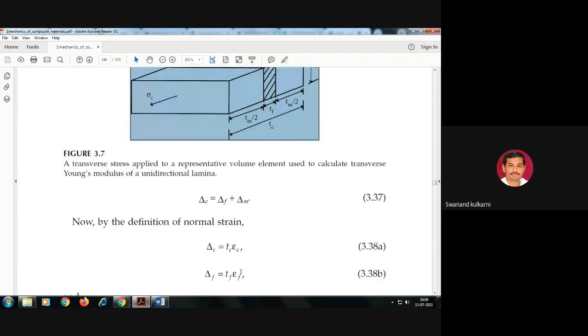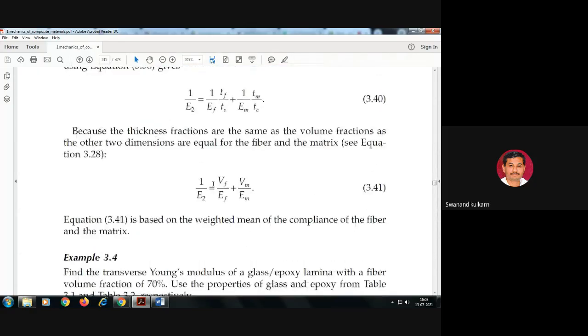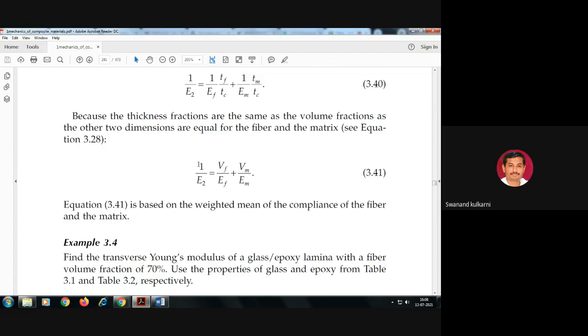If stress is the same and if deformation is given this way, then substituting these values in these equations, we get 1 upon E2 is equal to 1 upon EF times TF upon TC plus 1 upon EM times TM upon TC, which represents that 1 upon E2 is equal to volume fraction terms, because we know this ratio TF upon TC is nothing but volume fraction of the fiber, and this ratio TM upon TC is the volume fraction of matrix material.